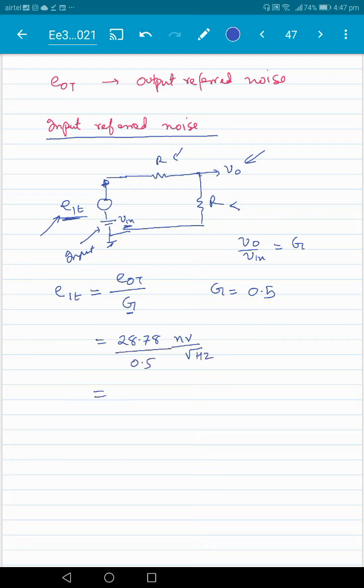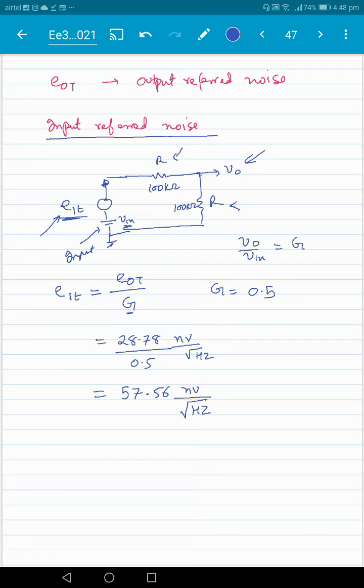So input referred noise will become twice of that, which is basically equal to 57.56 nanovolt per square root hertz here. So that's the amount of equivalent noise present at the input when we have resistors of values of 100 kilo ohm here.